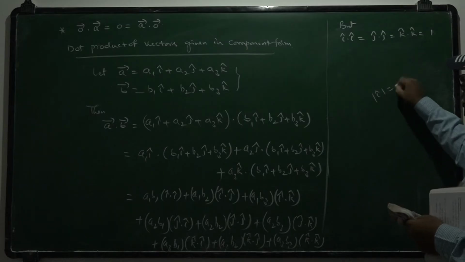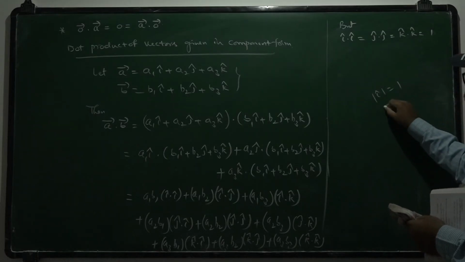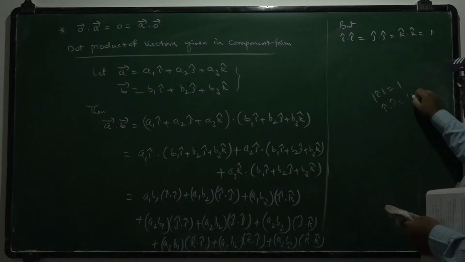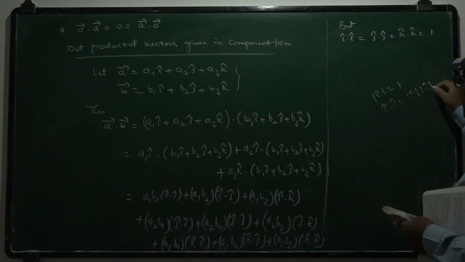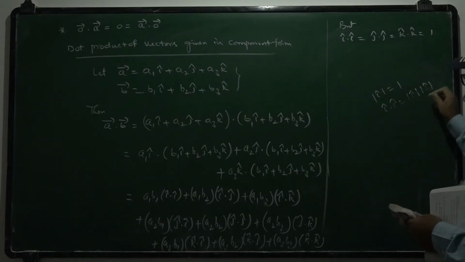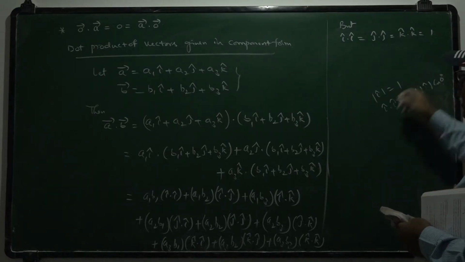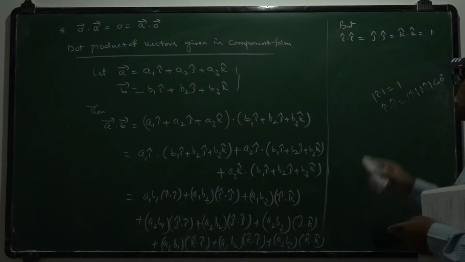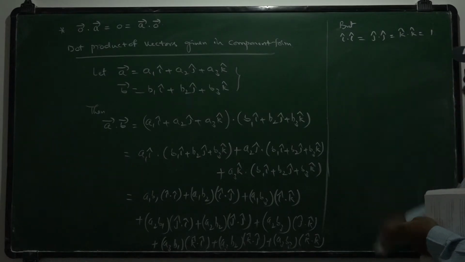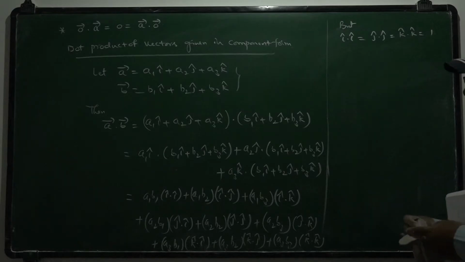I, its modulus is 1. So I dot I is modulus of I times modulus of I times cos of the angle between I and I, which is 0. So cos 0 itself is 1. Hence the dot product of I and I itself is 1, J and J itself is 1, K and K itself is 1.